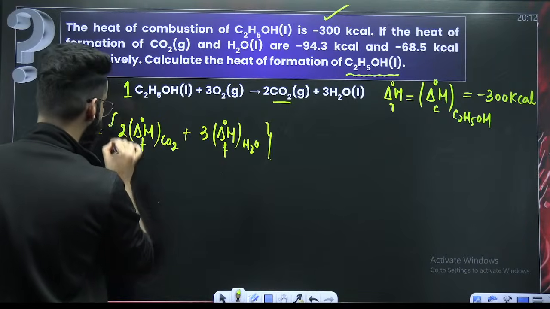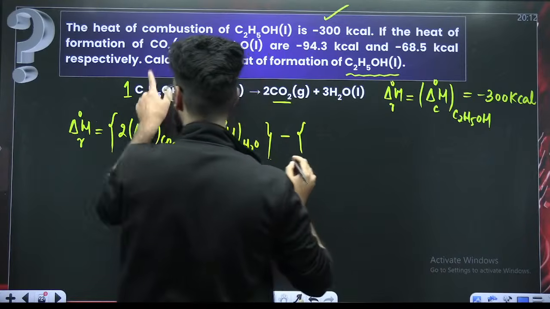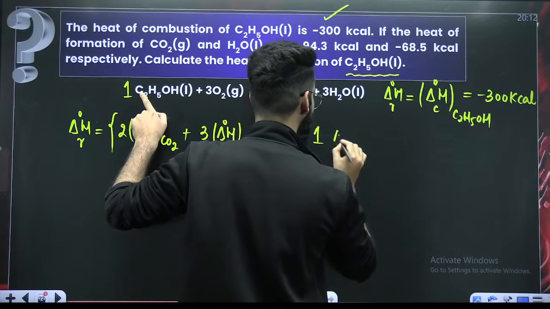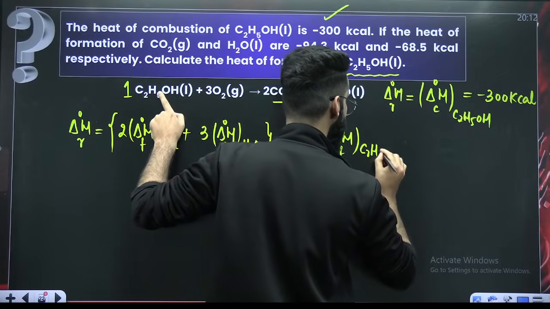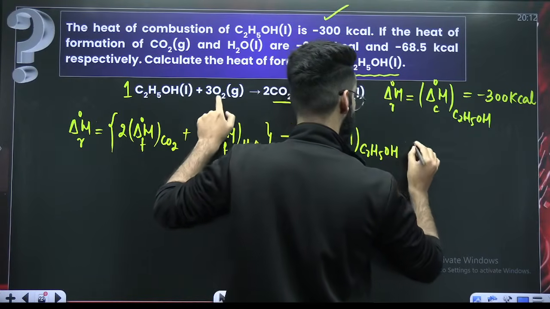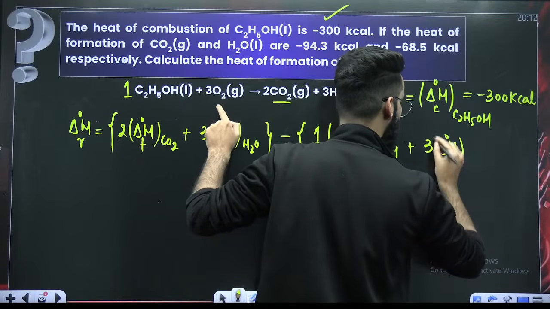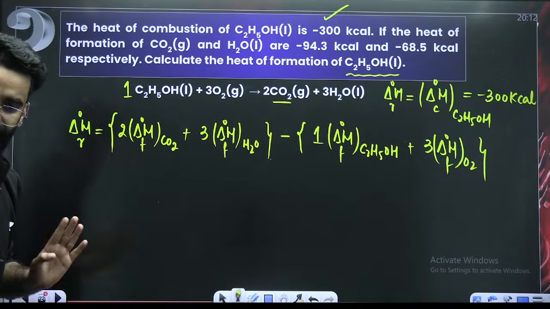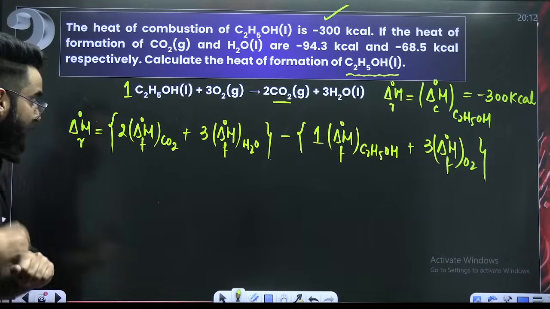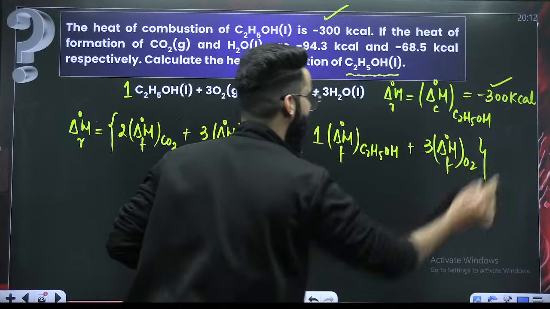Minus the reactants: 1 multiplied by standard enthalpy of formation of ethanol, plus 3 times the standard enthalpy of formation of O2. Now tell me, what is this delta H naught R? It is equal to minus 300.